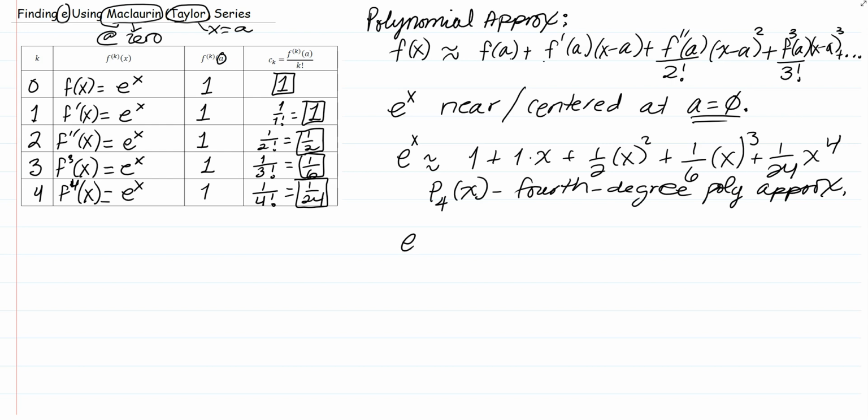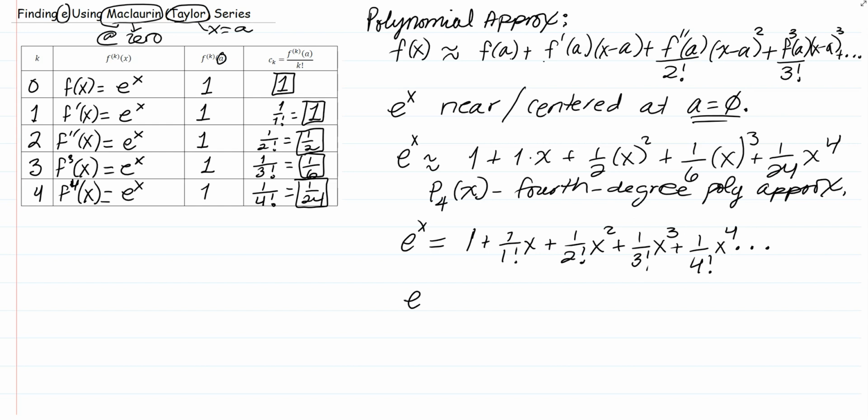And if we observe the pattern, we will see that e to the x is going to equal 1 plus 1 over 1 factorial times x plus 1 over 2 factorial times x squared plus 1 over 3 factorial times x to the third plus 1 over 4 factorial times x to the fourth, and so on. So we would then say e to the x is equal to the series with x to the k power on the numerator, and on the denominator you will have k factorial.